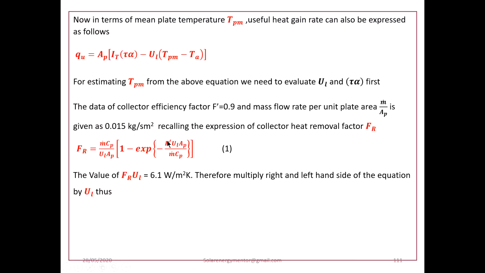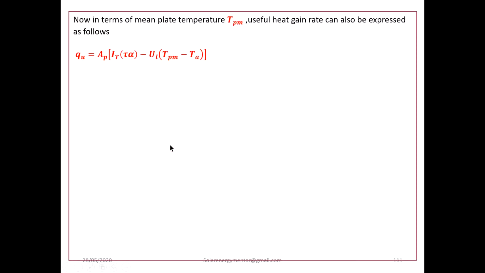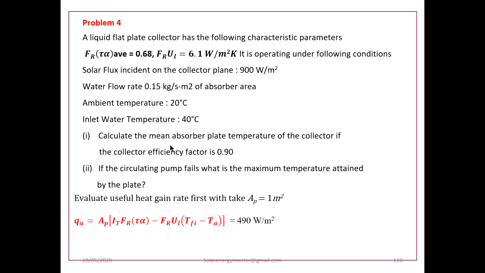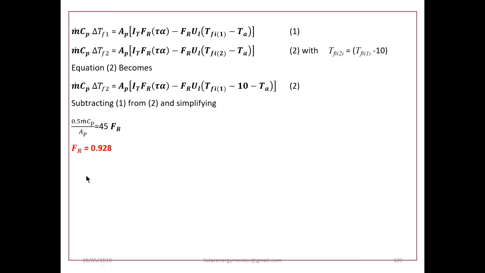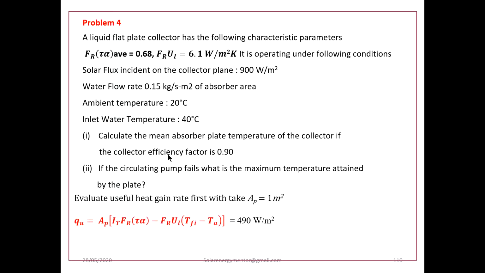So everything in this equation is known except F dash. If you use the expression of FR, then you will find out the value of F dash, which comes out to be 0.95. That is kept as a small assignment for those who are interested to further solve this equation. Let us go to the next problem.